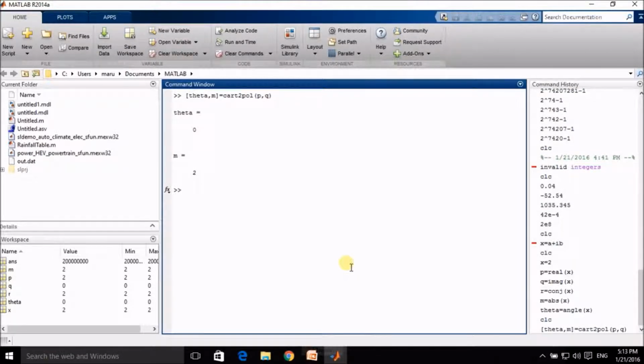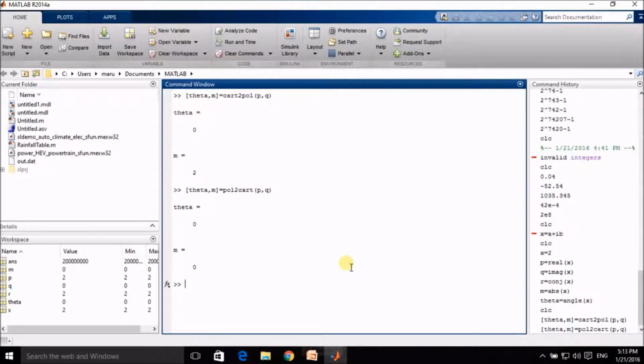Theta is 0, whereas the magnitude is 2. Now this can be written in polar form also. Let's say here we are converting polar to Cartesian, that is theta equal to 0 and magnitude also 0.